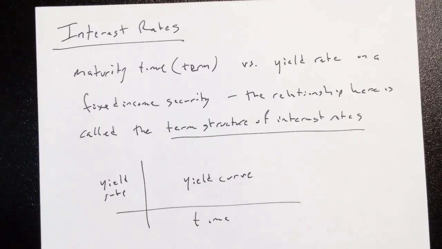Now, term structure changes based on economic conditions. So as the economy grows or shrinks, as businesses do well or poorly, as the government does stuff, this picture is going to change. Usually, what do you expect?